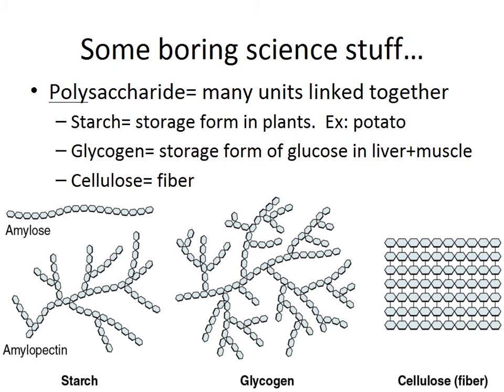And then you have the one in the middle, that's glycogen. You can see that's very branched as well. That's the storage form of carbohydrates in the muscles and liver of animals. And then the one on the right, you see that's very tightly packed together in a very close network. That's the fiber, which is a storage form of carbohydrates in plants. And it's generally non-digestible by human beings because it's so tightly packed together.